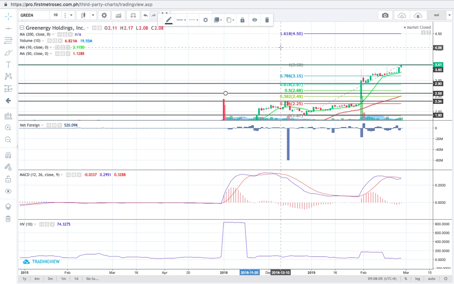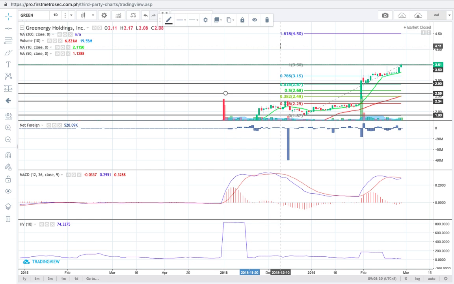Why 61.8%, perhaps you ask? Well, classical interpretation or classical belief says that this is the golden ratio. 61.8% is the golden ratio. And this is not the first time that we have heard of the golden ratio being 61.8% in the stock market.